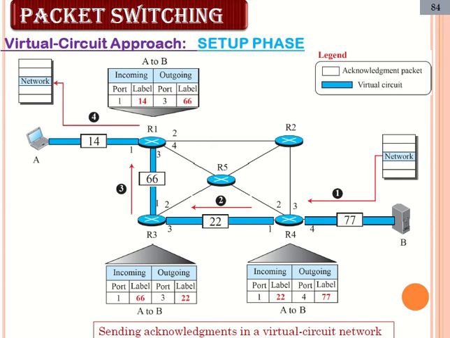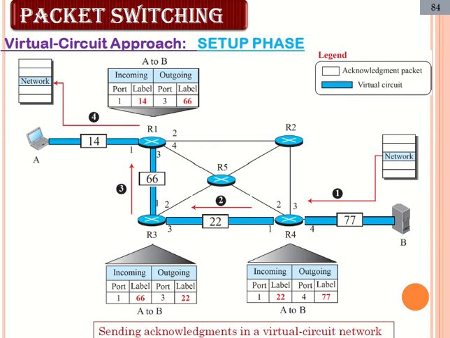Router R1 will make a note of the incoming label in its table chosen for the setup phase, and then use this as the outgoing label in the table.